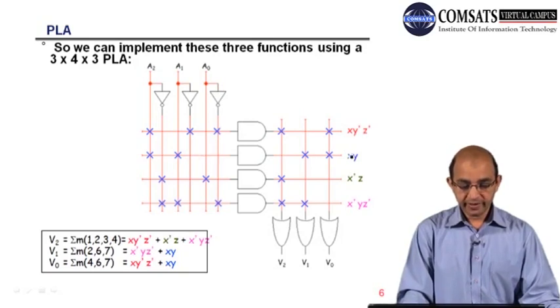And for this we have x y. For x no inversion, for y no inversion. For x inversion, for z no inversion. And then we have inversion here for x, and inversion and no inversion for y, and for z it is inverted.